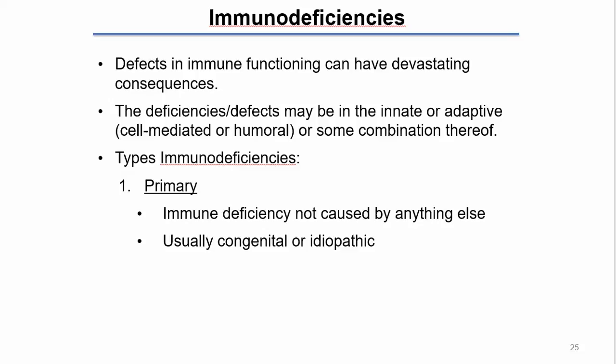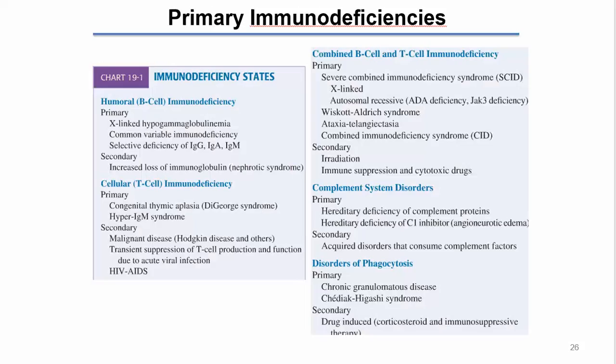So when we look at this table, some of these are like, some humoral ones, X-linked hypogammaglobulinemia, which means it comes from your mother and you don't have enough gamma globulins, which is the ability to make IgGs, selective deficiencies, this kind of thing.